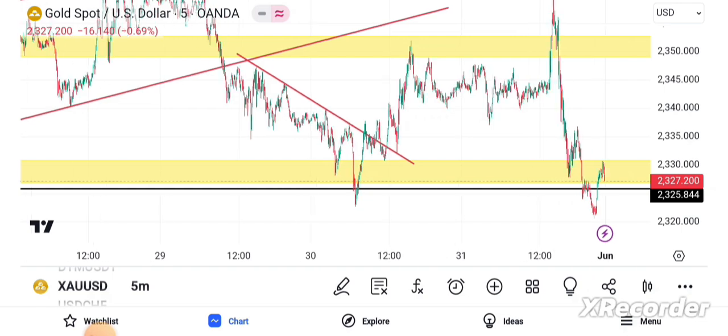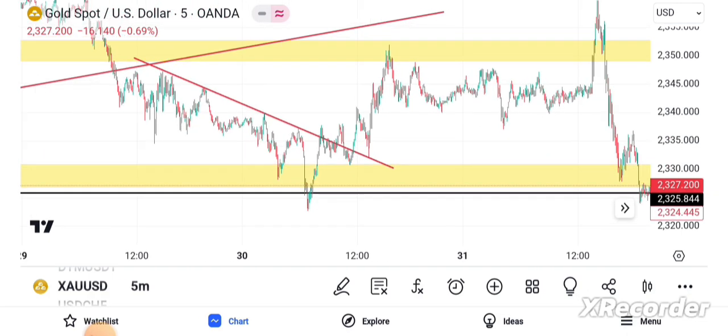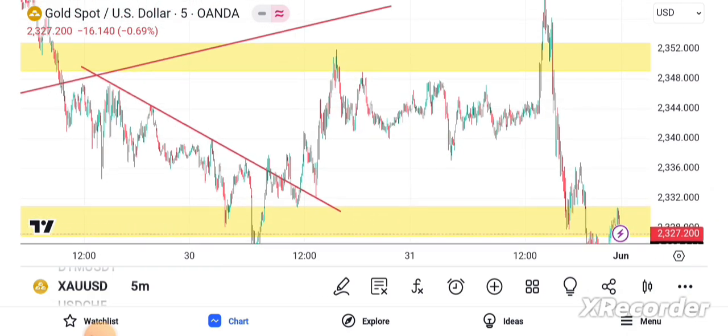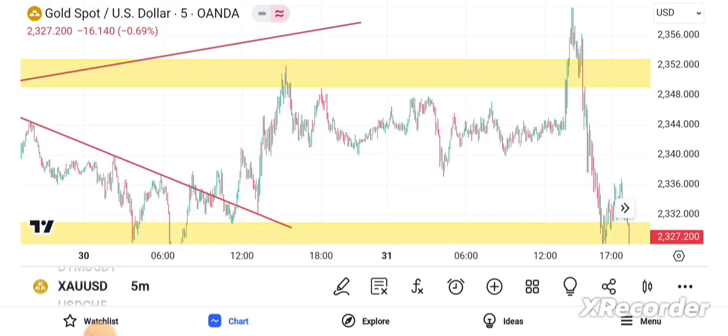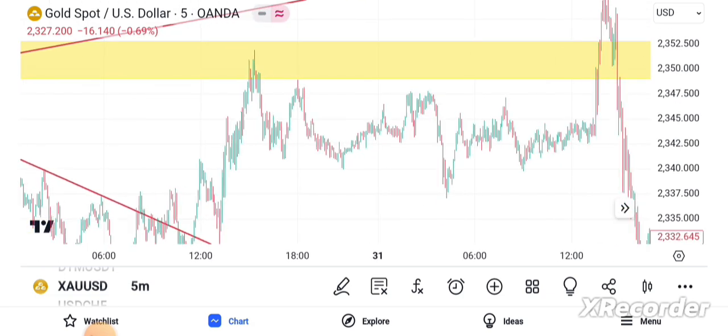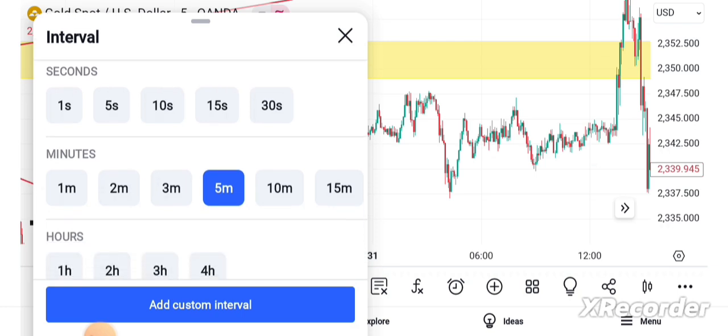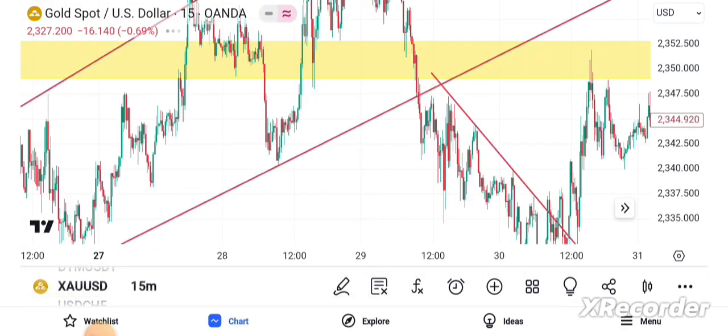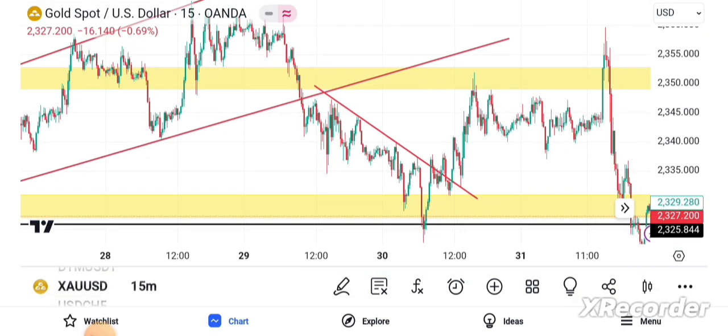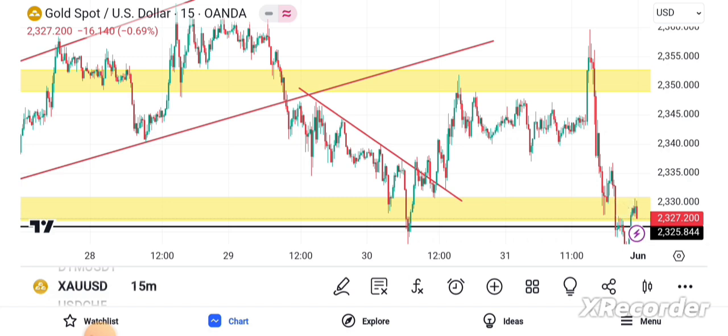So now we have this move to the upside, then price reacting and moving. And when price goes to this zone, the reason why sometimes we don't really focus more on the smaller time frame, like the 5 minutes, is so that we don't get trapped in, so we can see what's really happening, because the smaller time frame does not really hold much water.